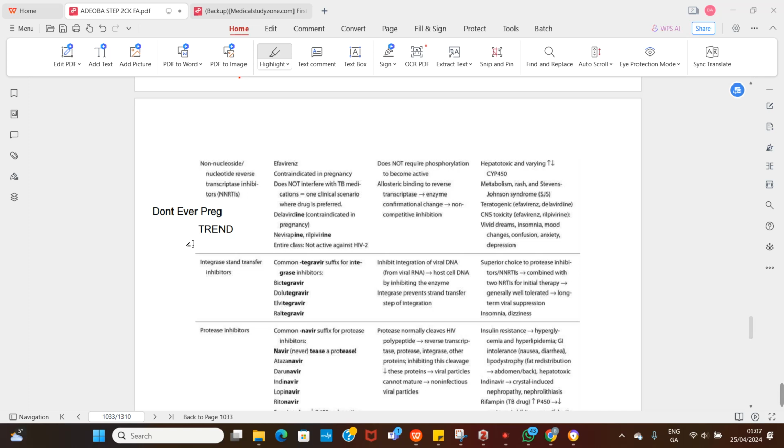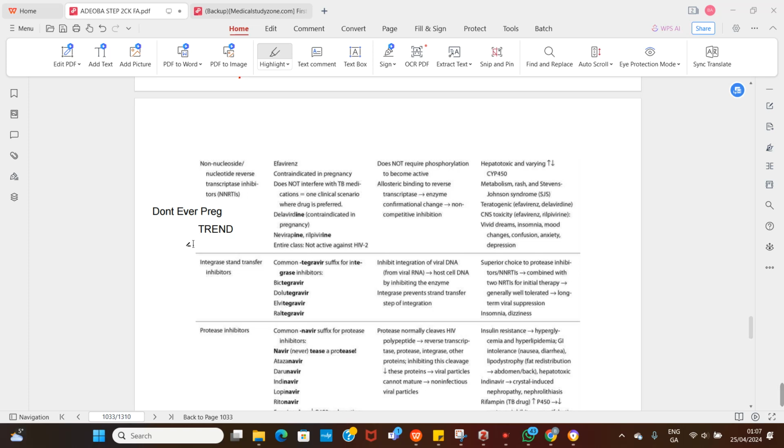They don't require phosphorylation to become active, just like the nucleotide part of the NRTIs, which is tenofovir. It doesn't require phosphorylation. What it does is just bind to an allosteric site on reverse transcriptase. It doesn't need reverse transcriptase to incorporate it into the chain so that it can cause chain termination.